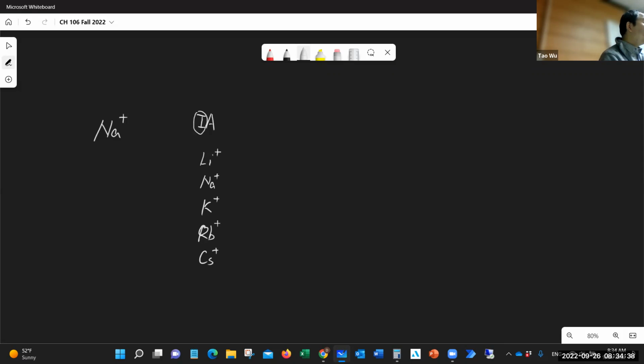The charge for the metals is usually equal to their group number. The 1A group will have a one positive charge. The 2A group will have a two positive charge: beryllium, magnesium, calcium, strontium, and barium all have a two positive charge because they are in the 2A group.